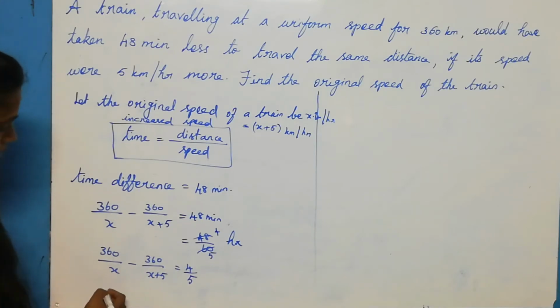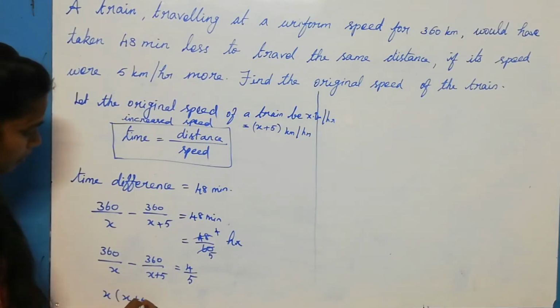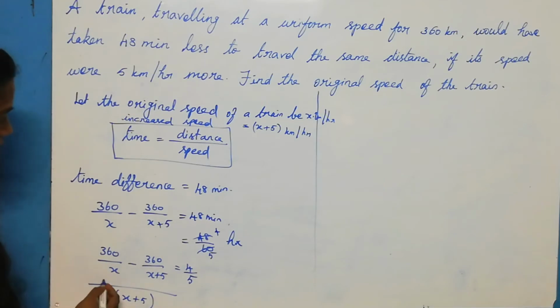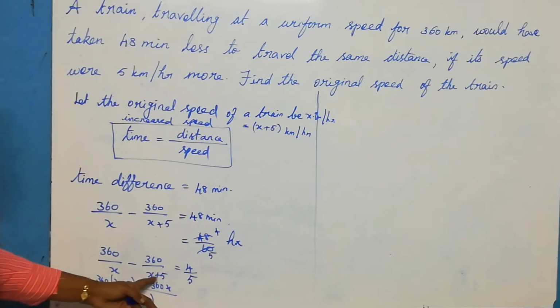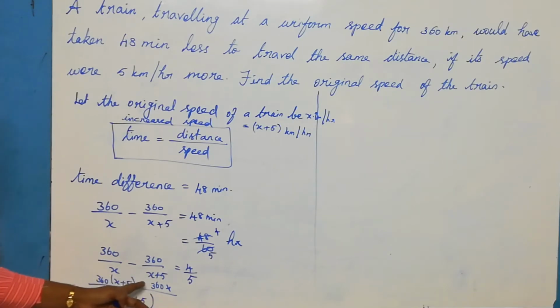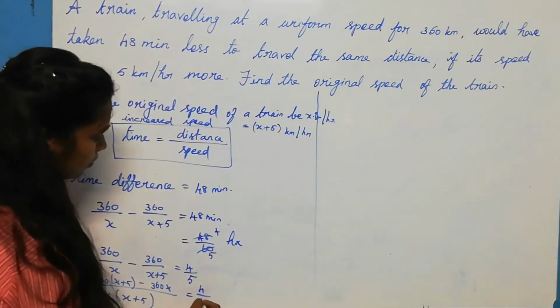So take the LCM x into x plus 5. What's the numerator? 360 into x plus 5 minus 360x, isn't it? Cross multiply this, 360 into x plus 5 minus 360 into x, that is equal to 4 by 5.